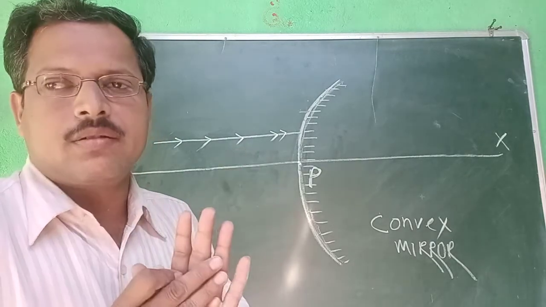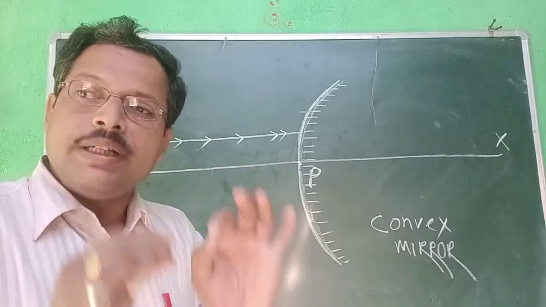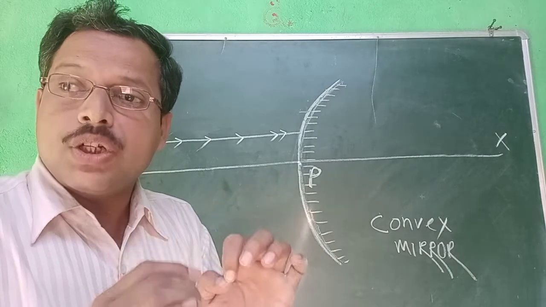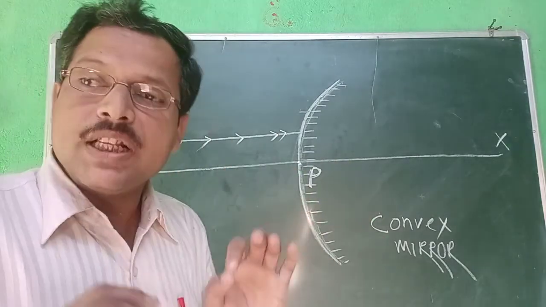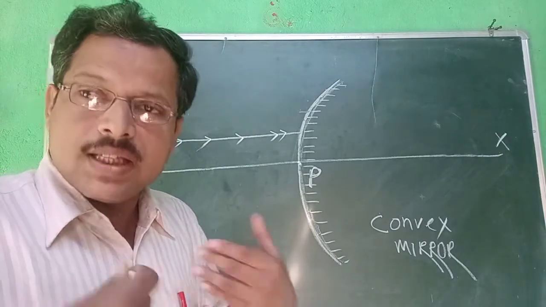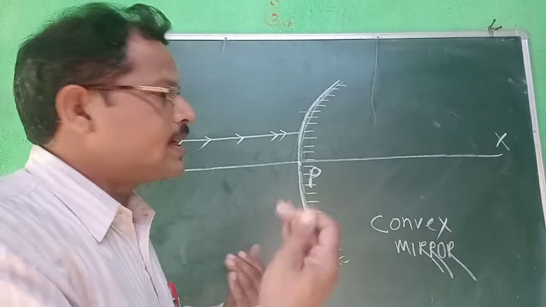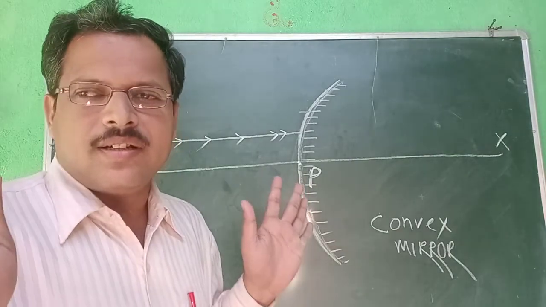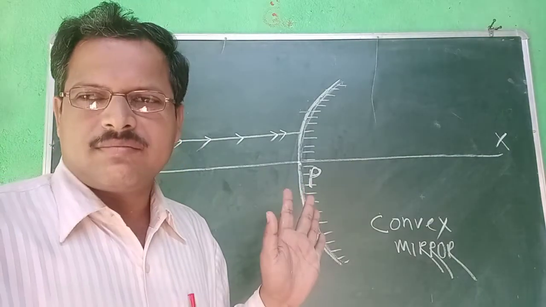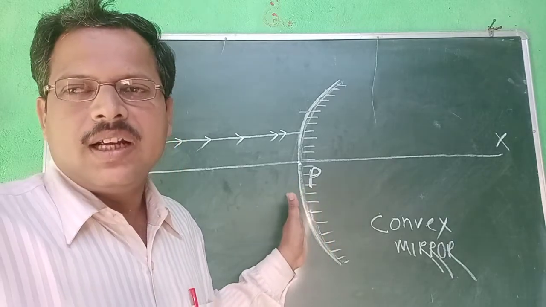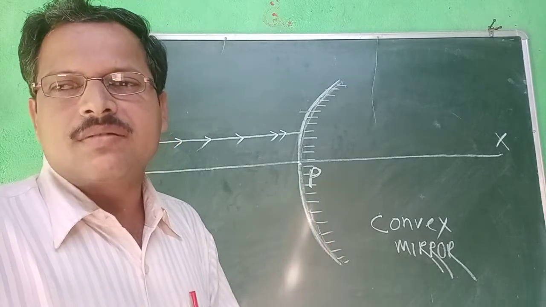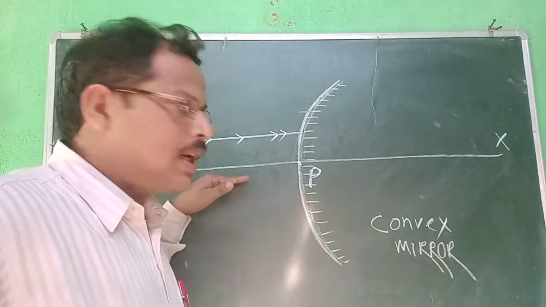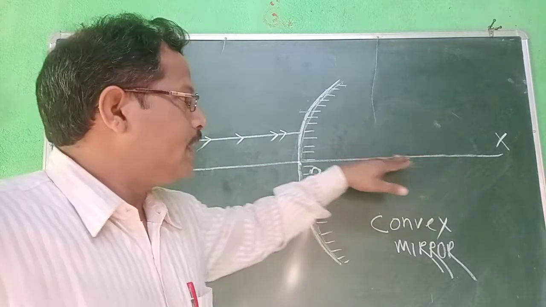The direction should be in such a way that it appears to come from the principal focus, which is imaginary, placed on the right side of the mirror. Though we know there is nothing on the right side, because it is a mirror. And what is on the back side of the mirror? Nothing. But imagine the principal axis going through this way.